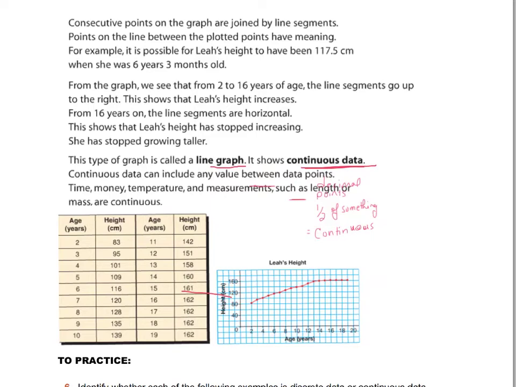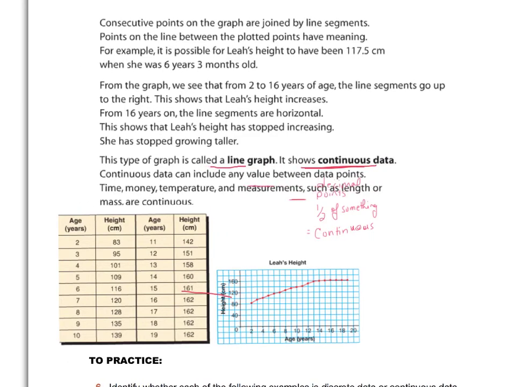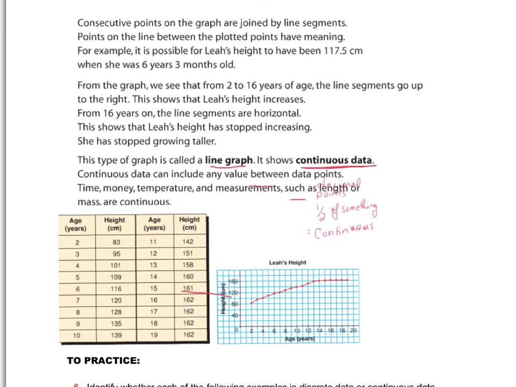Then it is continuous data. It can include any value between decimal points. Often it is things like time, money, temperature, measurements of some sort, such as length, mass. Those kinds of things are all continuous.